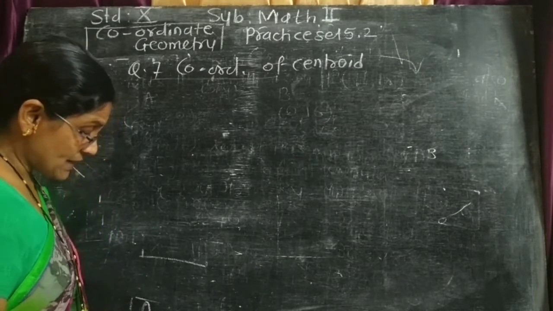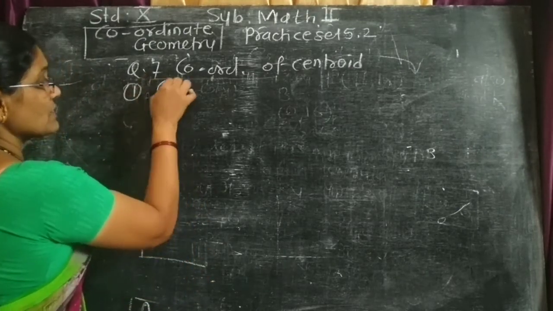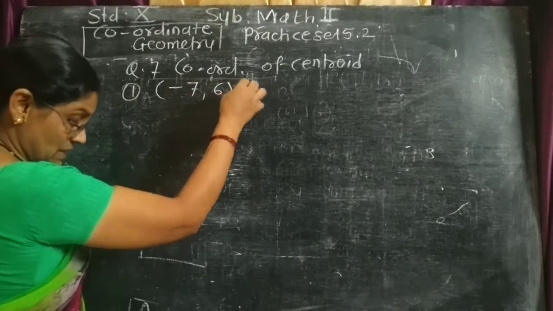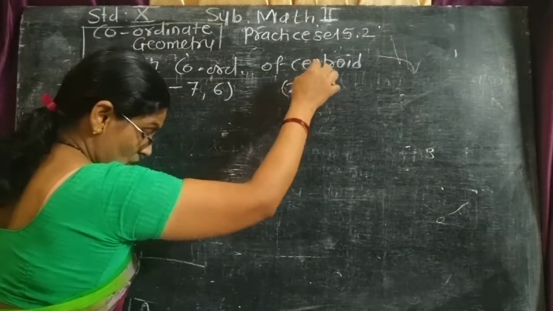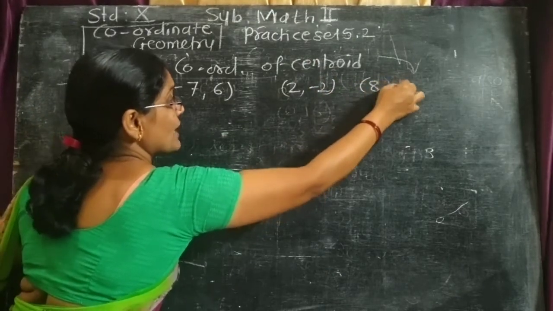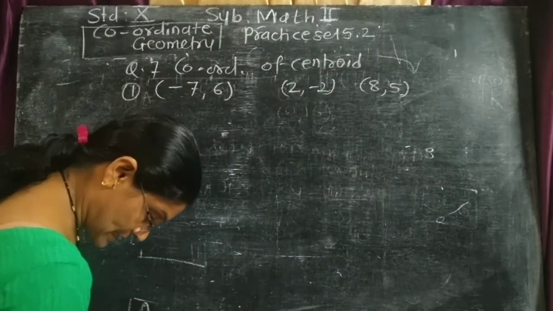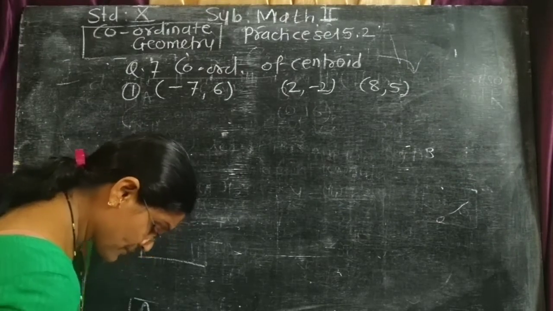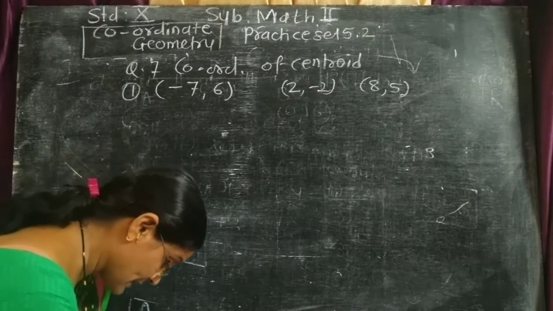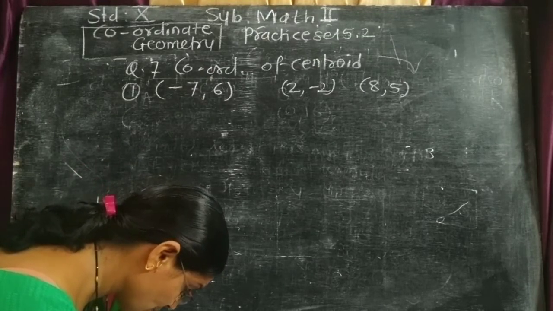The points are given as, in the first example, 3 points: minus 7, 6. Second point 2, minus 2. Third point 8, 5. Here 3 points are given, and we have to solve using the centroid formula. The centroid formula is x1 plus x2 plus x3 upon 3.